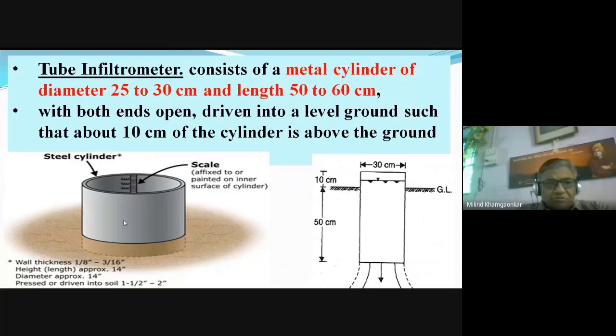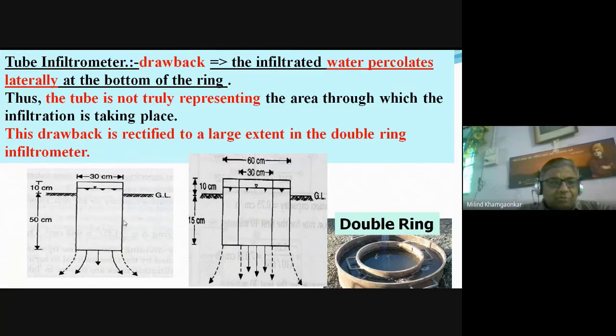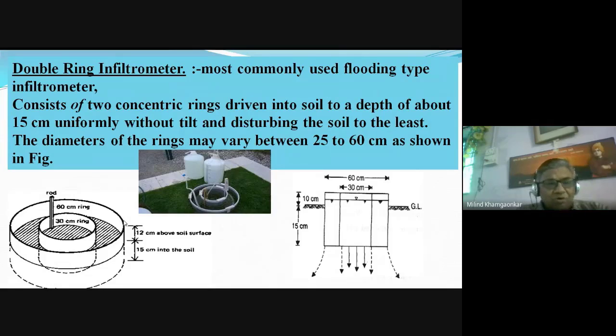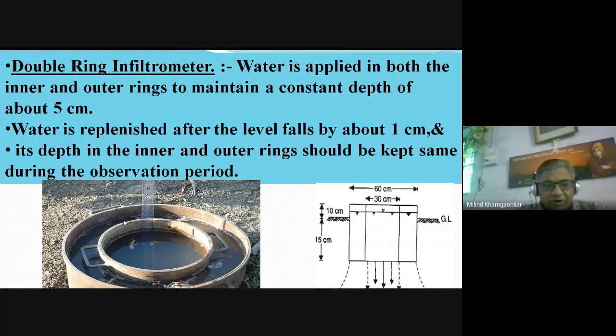It is put into the ground and water is poured into this infiltrometer, and the percolated water is found out along with the time, and the percolation rate and infiltration capacity of the soil is found out either with the help of the single ring or the double ring infiltrometer.